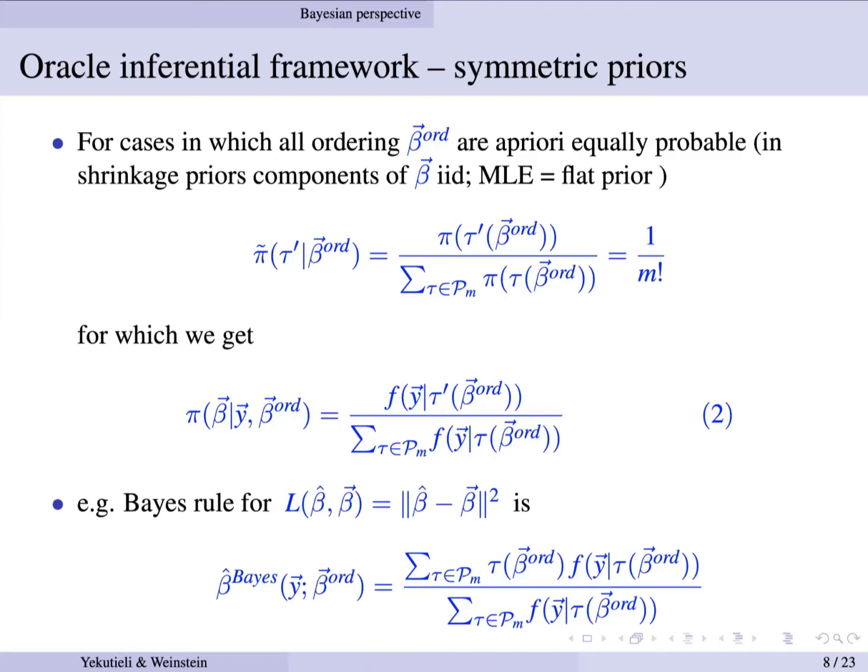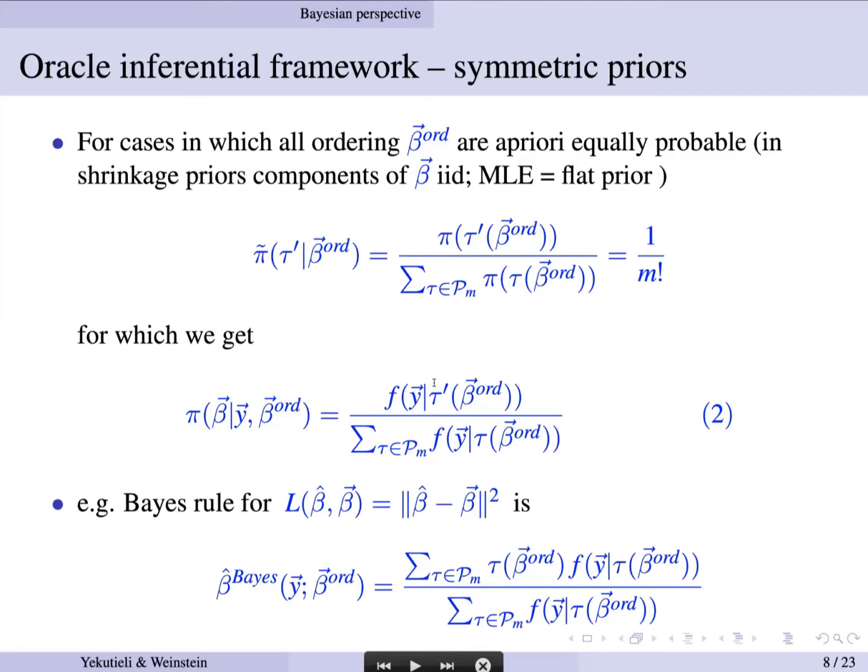The prior probability of seeing each of these, given beta ord, is by definition equally probable, 1 over m factorial. And then we get a much, much simpler expression for this conditional distribution of beta given y and beta ord. This is something that's very easy to compute.